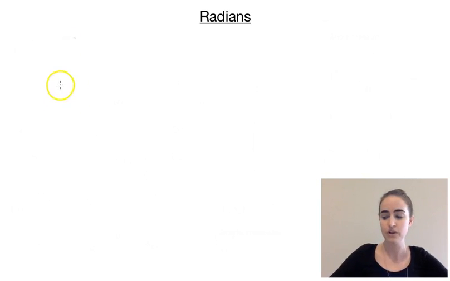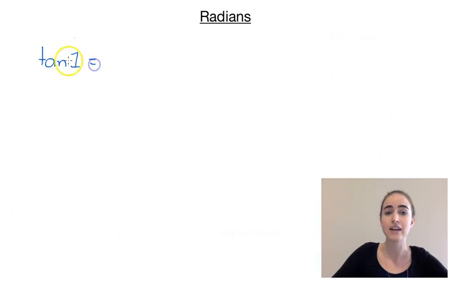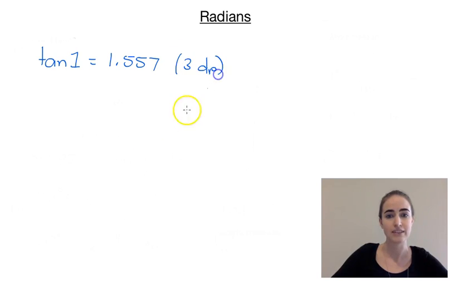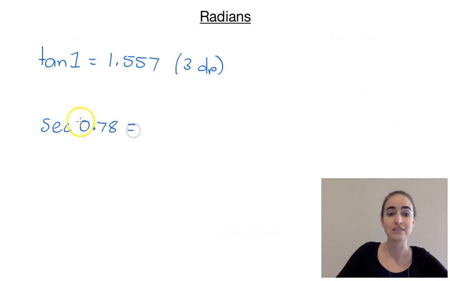So for example, if you put in tan of 1 into your calculator, making sure that it's in radians mode first, to 3 decimal places, that will give you 1.557. If we were asked to evaluate sec of 0.78, again, this is measured in radians, then we could write sec, we know is the reciprocal of cos.